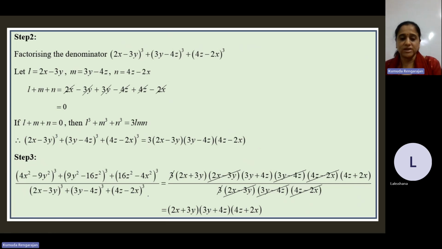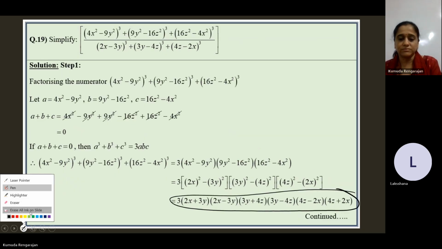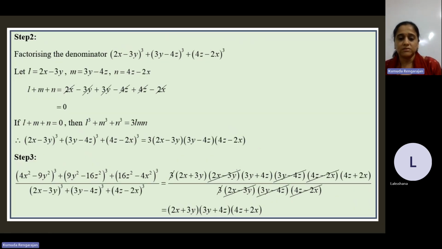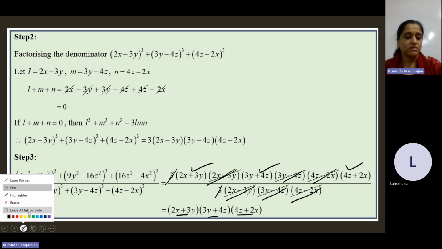So certain expressions get cancelled. These 3 and 3 get cancelled. These expressions get cancelled. And we are left with these 3 expressions: 2x plus 3y into 3y plus 4z into 4z plus 2x. All right?